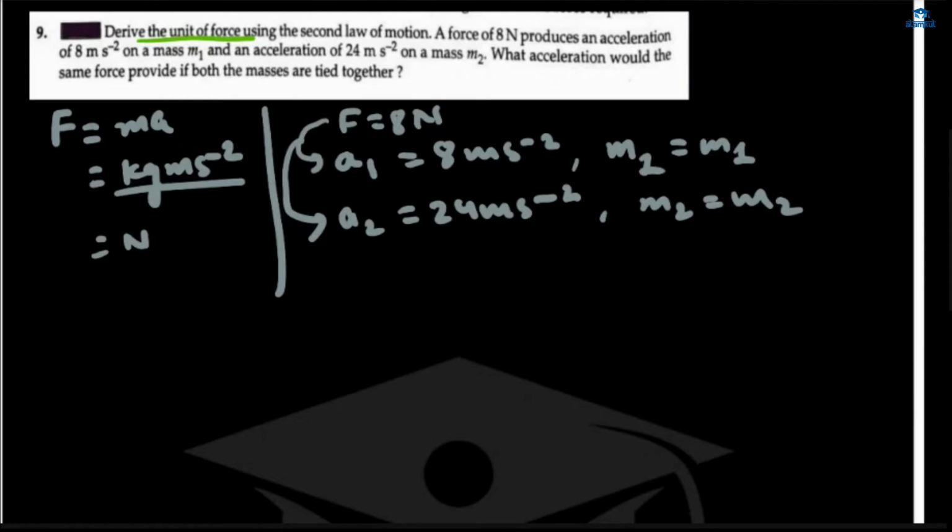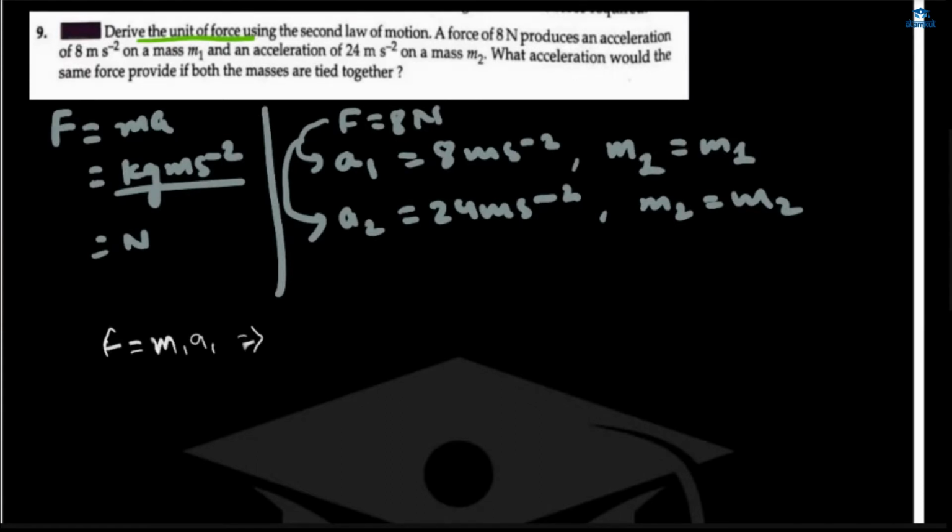So we can know about the m1. How we can know about the m1? F by A1, because F is equal to M1 A1, right? Yes, ma'am. F is common for both of the masses.